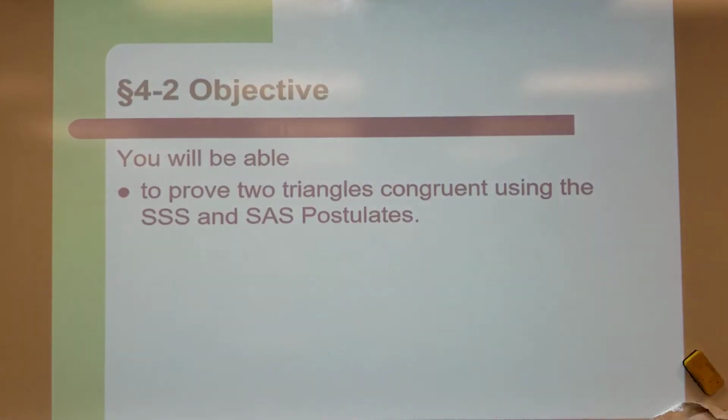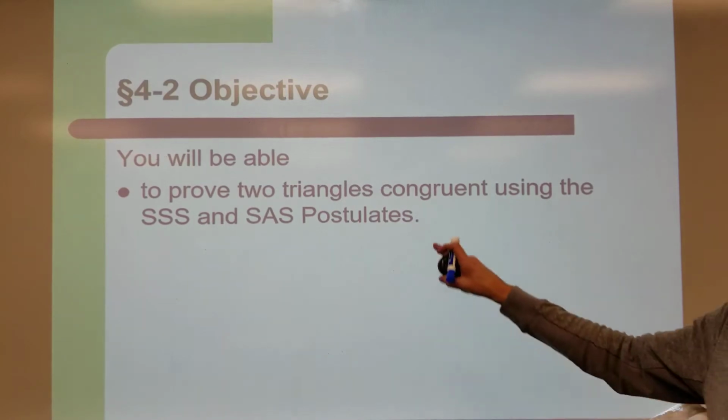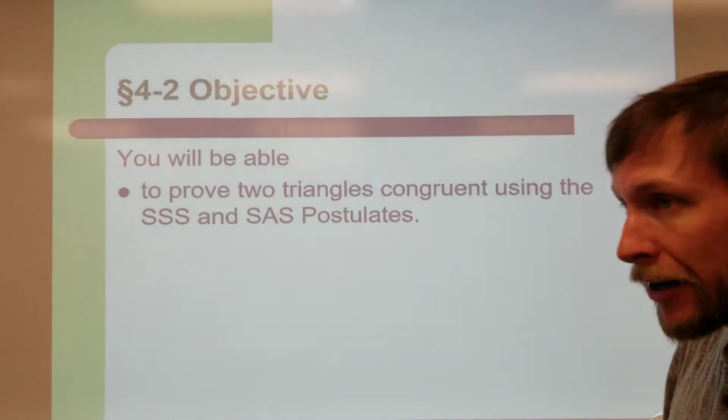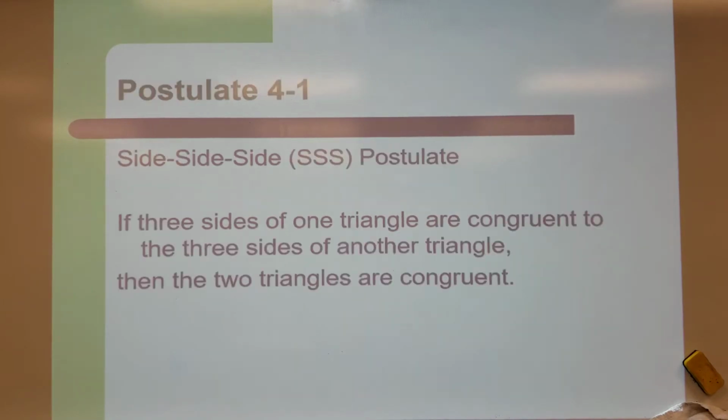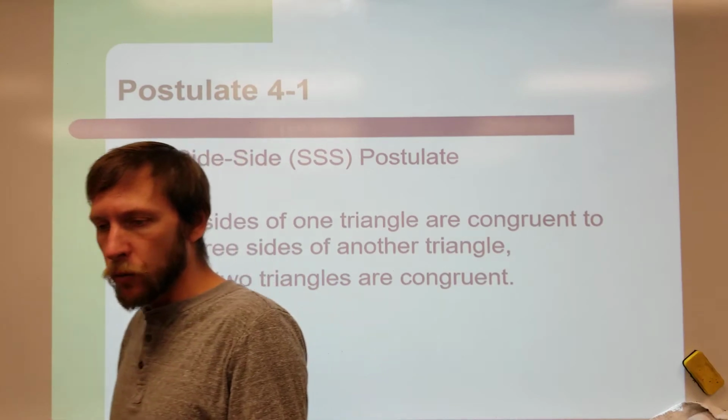So our goal is to prove that triangles are congruent using these 2 postulates, these shortcuts that we get to apply in this particular lesson. If 3 sides of one triangle are congruent to 3 sides of another triangle, then the 2 triangles are congruent to each other. The converse of this is obviously true, but we aren't concerned with that.